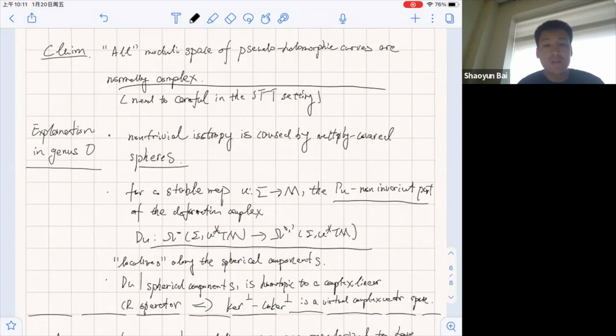So this is a rough reasoning of why normal complex structure might be the correct thing to consider in the setting of J-holomorphic curves, because at least in genus 0, if we don't have punctures on our curve, essentially all the moduli spaces would have such a structure.